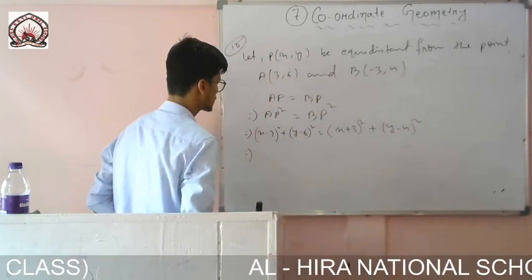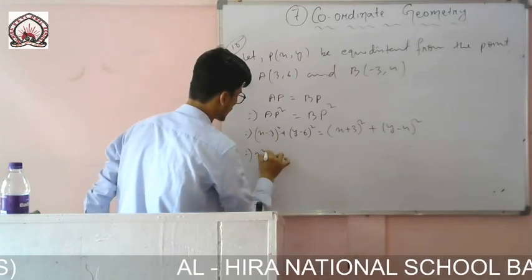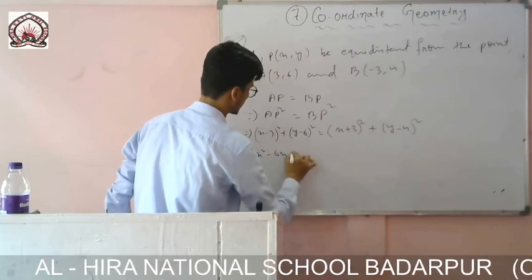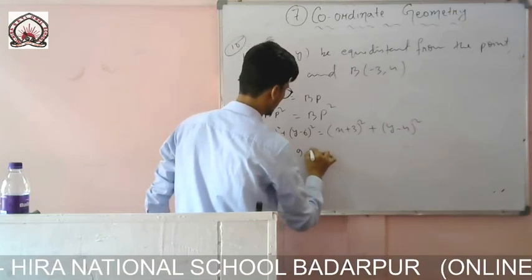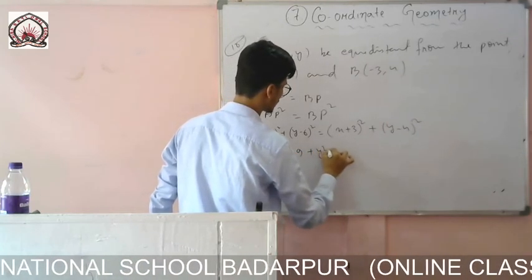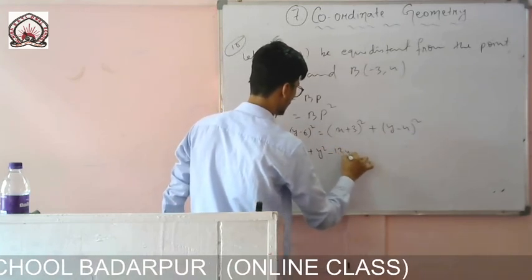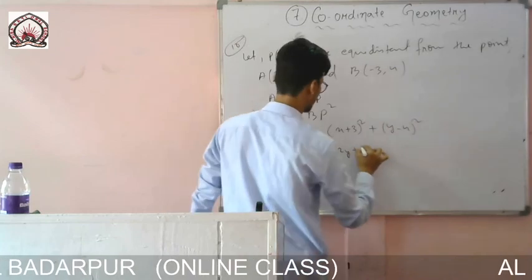Now if I use the formula (a minus b) whole square, a square minus 2ab: 2 3s are 6x, plus 3 square is 9, then again y square minus twice ab, 2 6s are 12y, and plus 6 6s are 36.